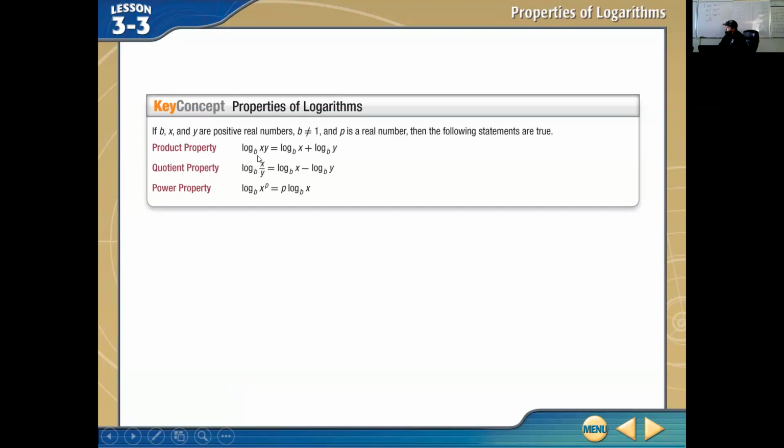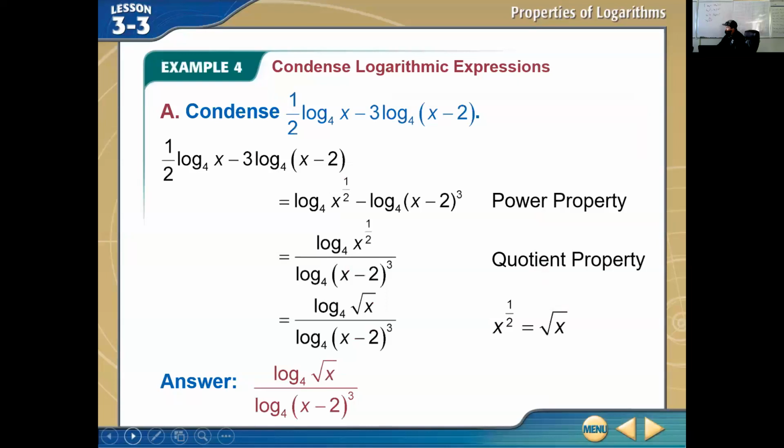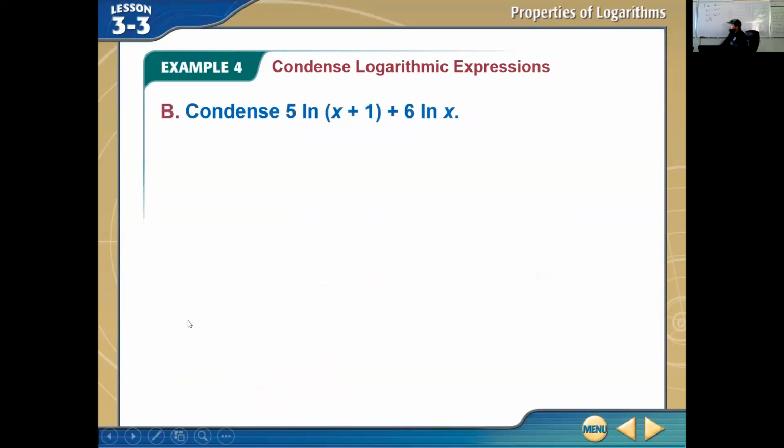So the product property, log base b of xy, can be split into log base b of x plus log base b of y, right? They have to have the same base in order to comply with the property. That's why I don't understand why they did that. They should have just left it as log base 4. But I didn't write the book.